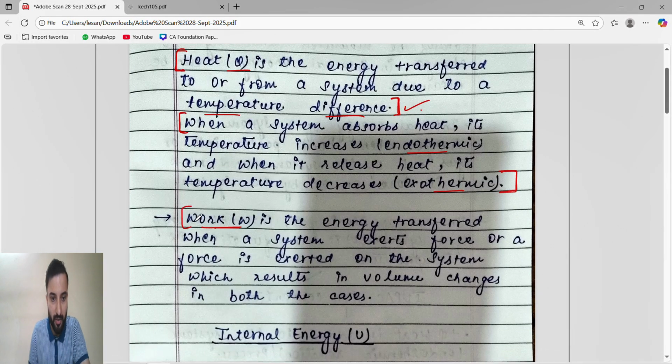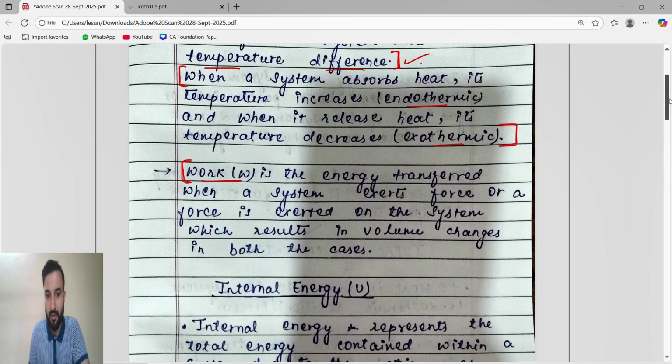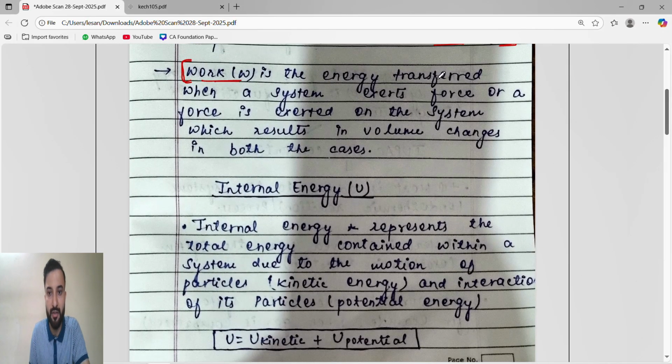Now we will write from here: work is the energy, obviously it is also energy. Work is the energy transferred when a system exerts force, or force is exerted on the system, which results in volume changes in both the cases.